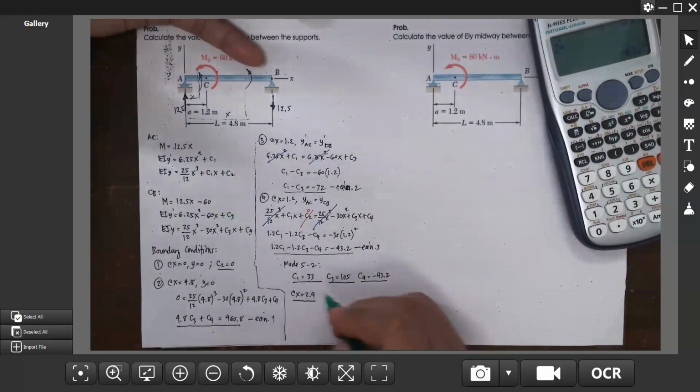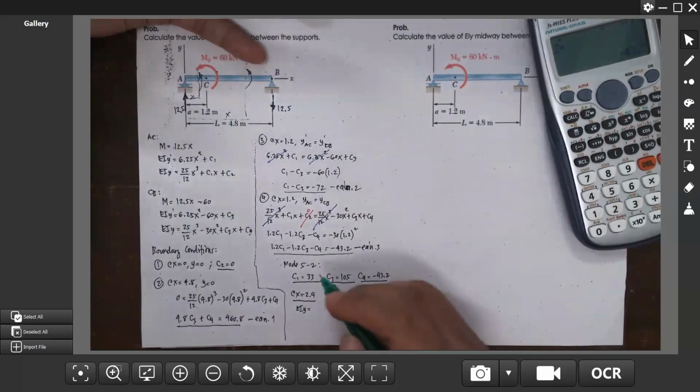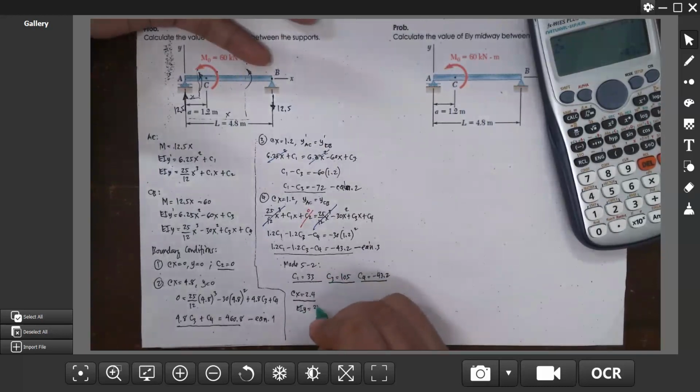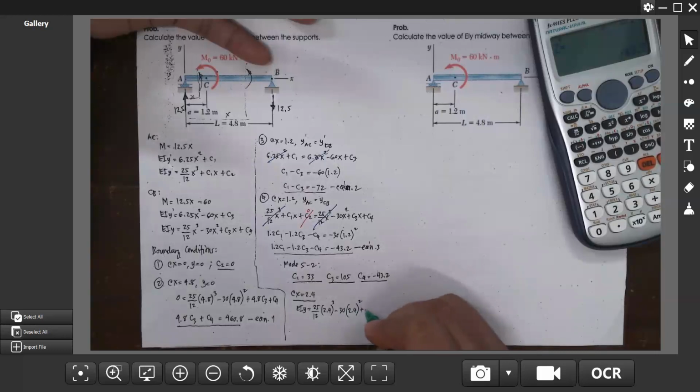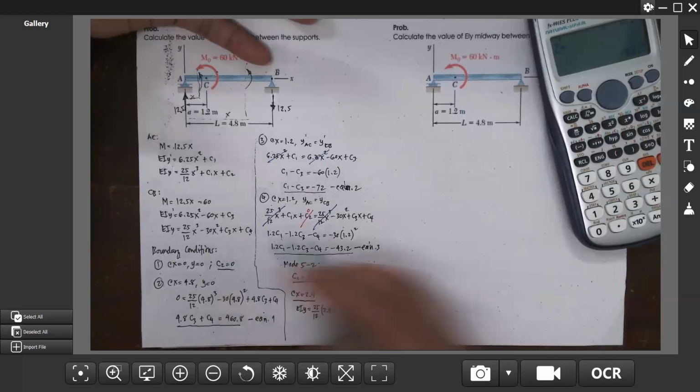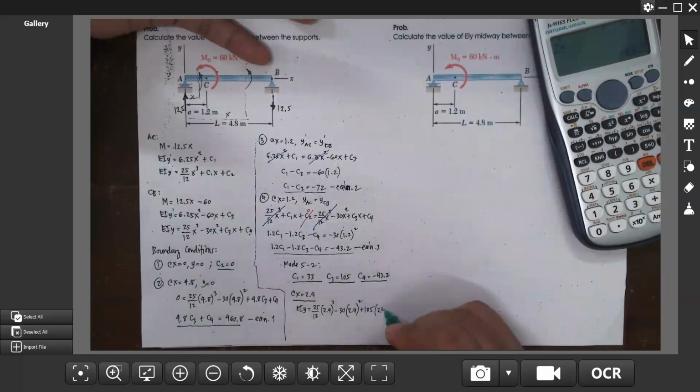So pila may y there? 25 over 12, 2.4 cubed minus 30, 2.4 squared, plus C3, 105 times x, 2.4, C4 na yun, minus 43.2.